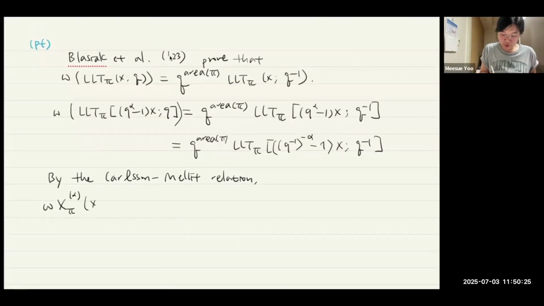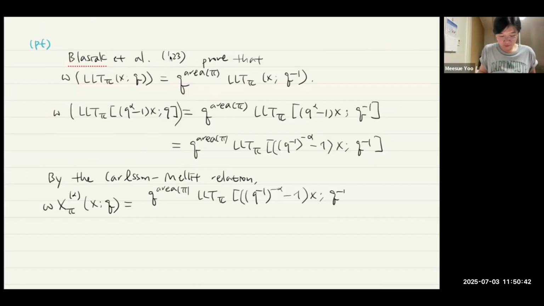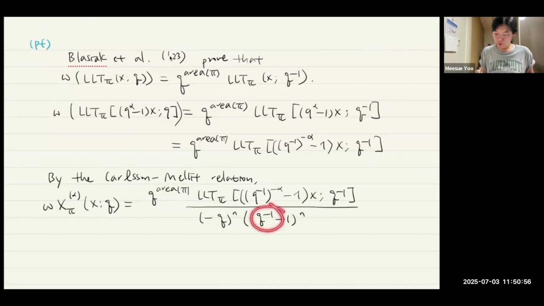Taking the omega involution to our alpha chromatic symmetric function is, because of this, divided by... This also I did because I want to make this one q to the minus 1.